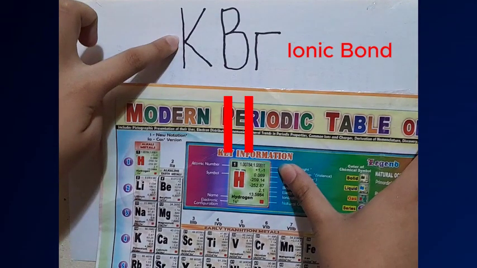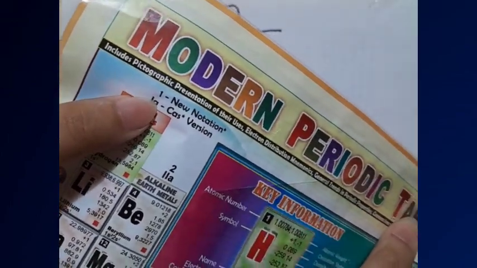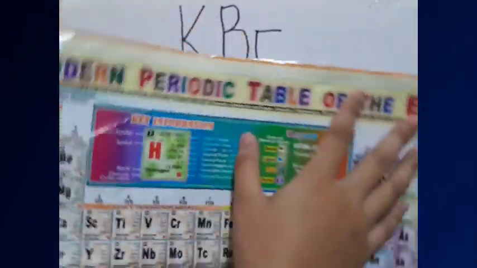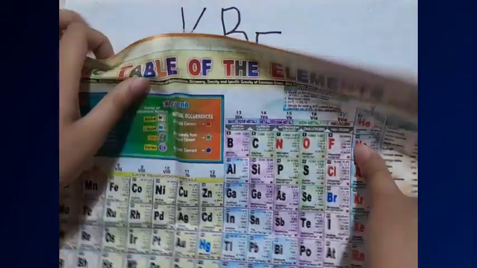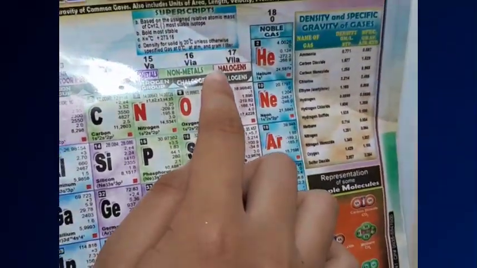However, let's continue to do their Lewis dot structure for us to visualize the meaning of transfer of electrons. So, K or potassium belongs to the first group, so it has 1 valence electron, while Br or bromine belongs to the 17th group, which means it has 7 valence electrons.